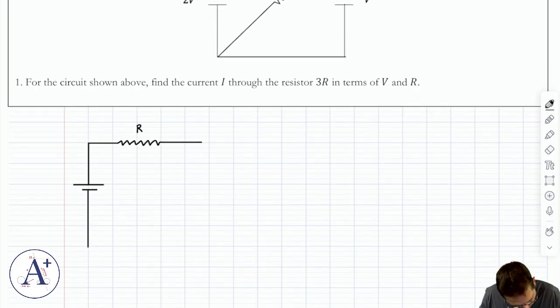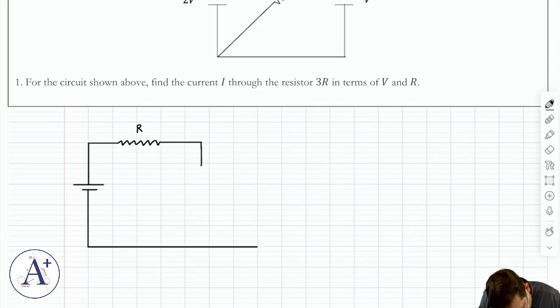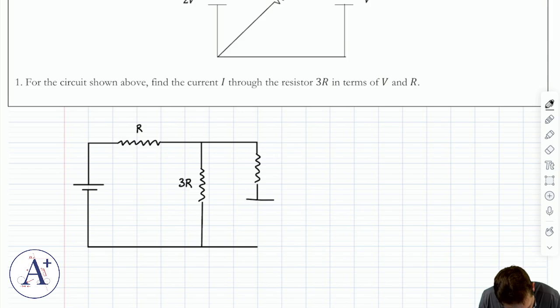Okay, so the bottom wire is going to be here. All right, we need R going down. Well, 3R, but a resistor, okay, resistance is 3R. And then we need here a resistor 2R, followed by a battery with voltage V. It's going to connect down here. So this is V, and this is 2R.